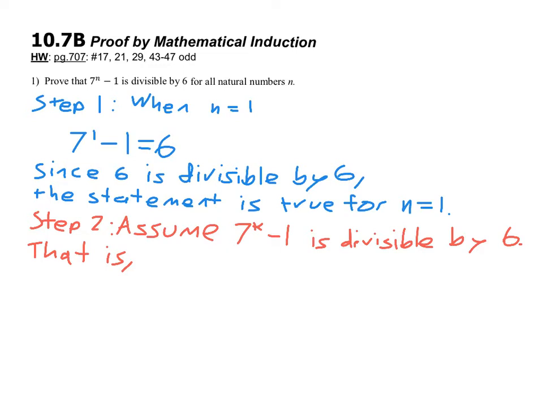So we're going to say that 7 to the k minus 1 equals 6 times r, and then we have to clarify that not only k is a natural number, but so is r. So k and r are both elements of the natural numbers.